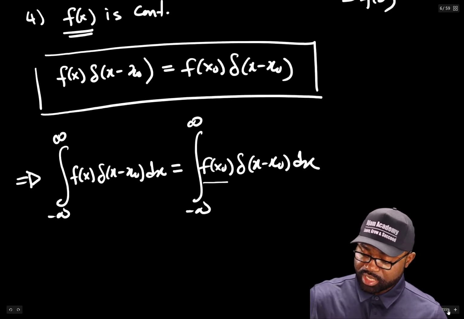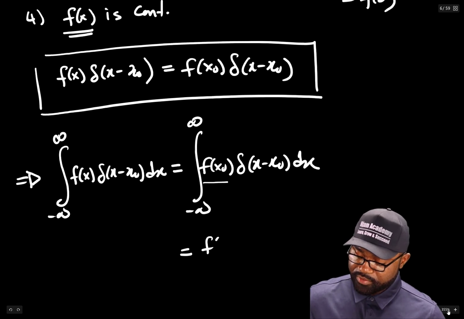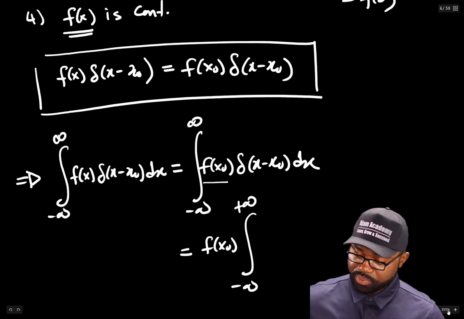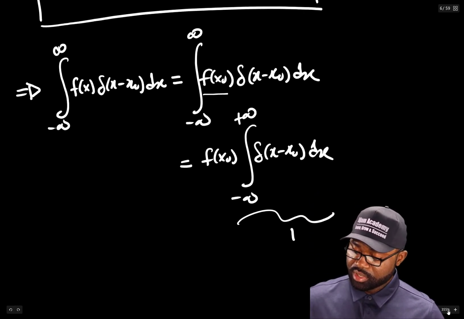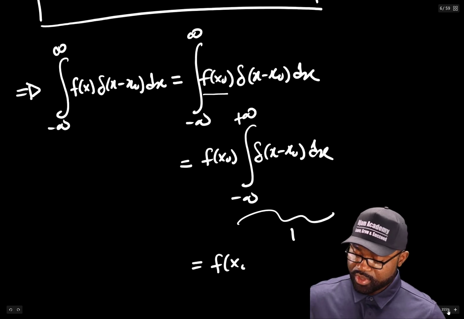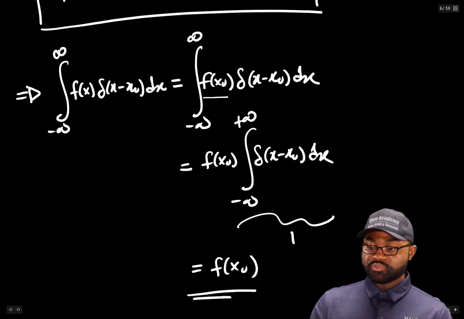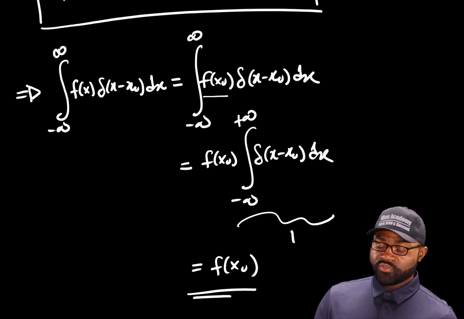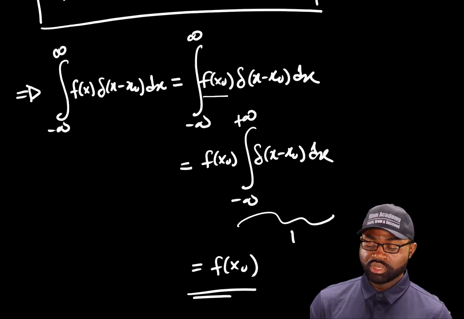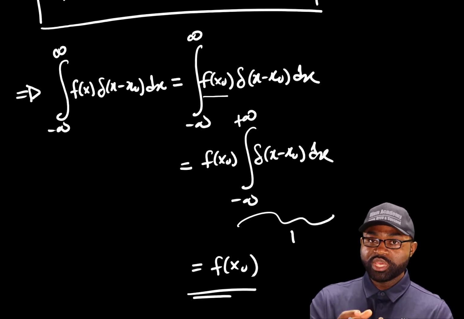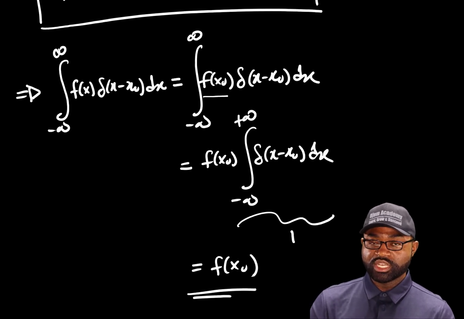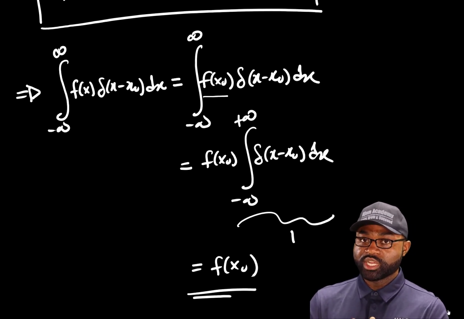This is a constant, so that can go out. This becomes f(x0) times the integral from minus infinity to plus infinity of δ(x - x0) dx. And what do we know? This is equal to 1, so this is just equal to f(x0). So what this means exactly is that if we multiply a function by a shifted point function, we will be able to pick off the value of that signal or function at that particular point where it is shifted.